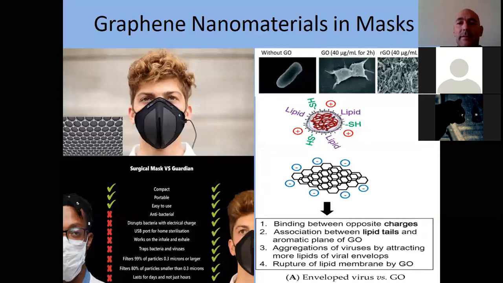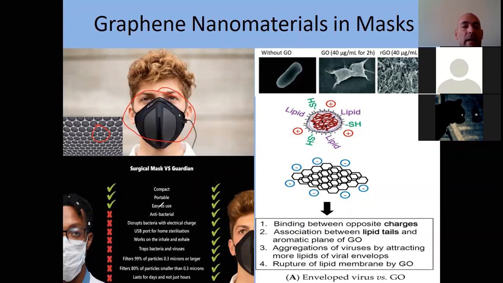This is one of the last reported masks. And in this case, they are actually using graphene nanomaterials in the mask. And this company is selling this mask, you can see here. And the material in this mask is made of graphene. And now they have compared the surgical mask versus this Guardian mask, this graphene mask.